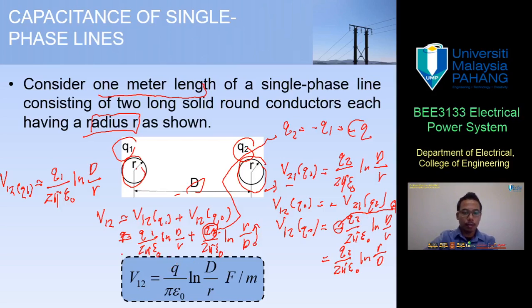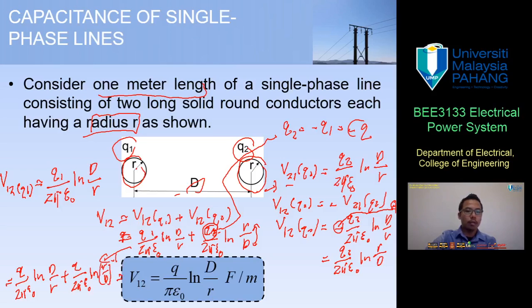Understand what I'm saying? It means that finally we are going to get Q over 2 pi epsilon 0 ln D over R, because the Q2 is now changed to minus Q1 with the ln R over D. In the same way it becomes Q over 2 pi epsilon 0 ln R over D to the power of minus 1.